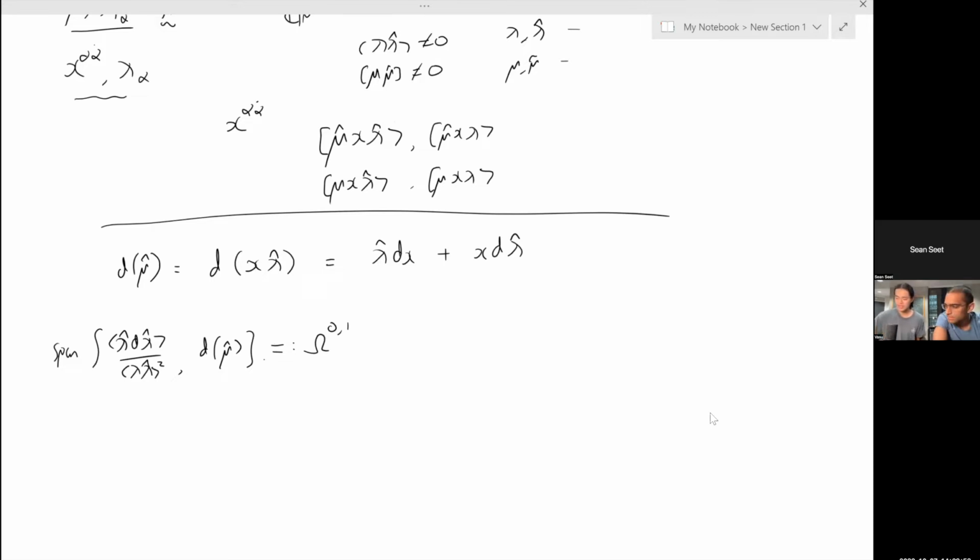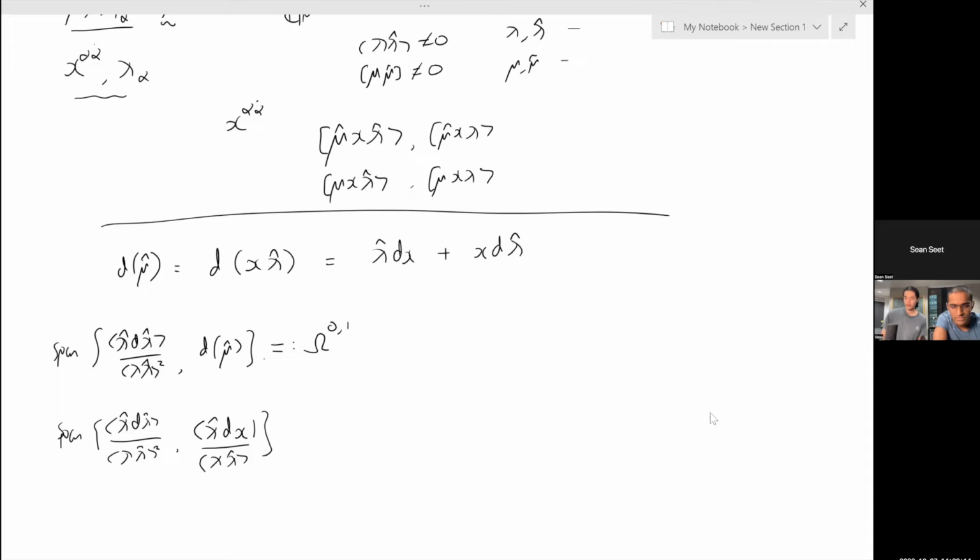The span of this is the same as the span of this, lambda hat d lambda hat over lambda hat squared, and lambda hat dx over lambda hat. So we're off by just this second thing.